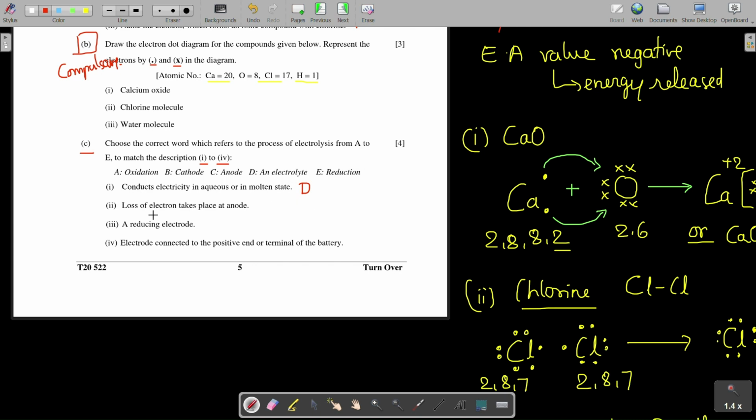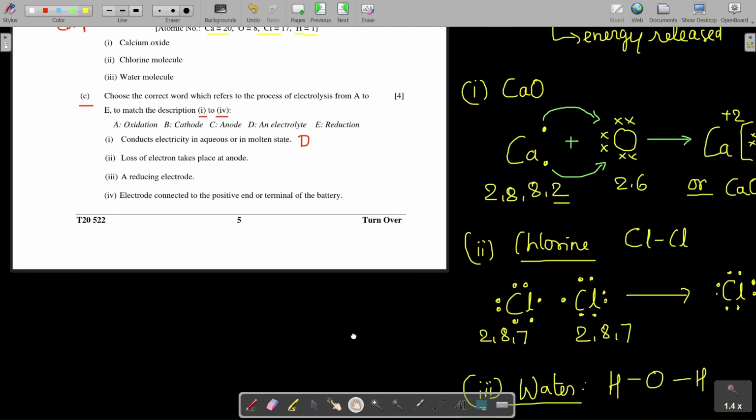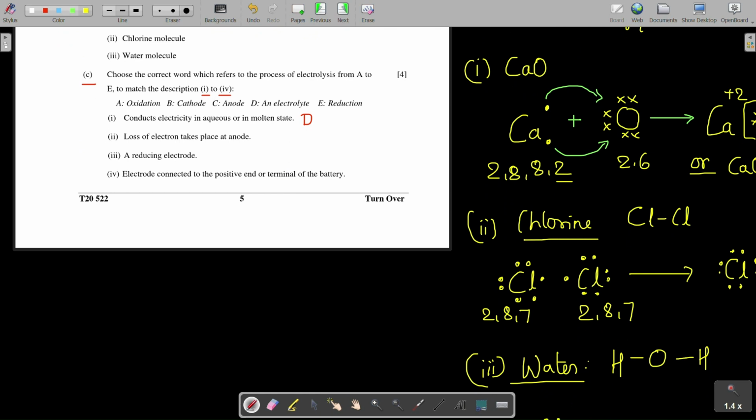Loss of electron takes place at anode. Now I want to give you one interesting mnemonic here. Remember the Indian chemist CNR Rao. Similarly, you can remember CNR PAO. What is this?